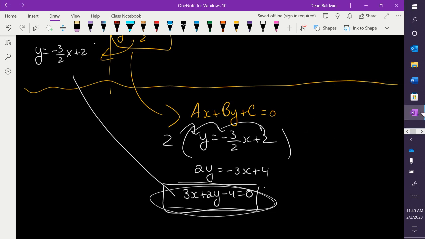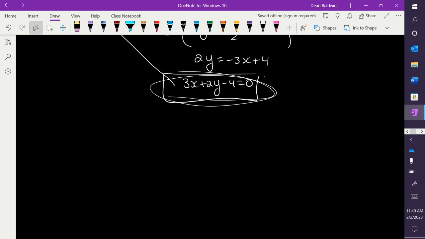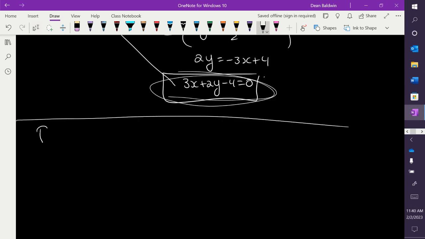Okay. I'll give you one practice question, and then that's it. Perpendicular. So what line? Give me an equation of a line in standard form. Just make it up, people. 18x. Ooh.